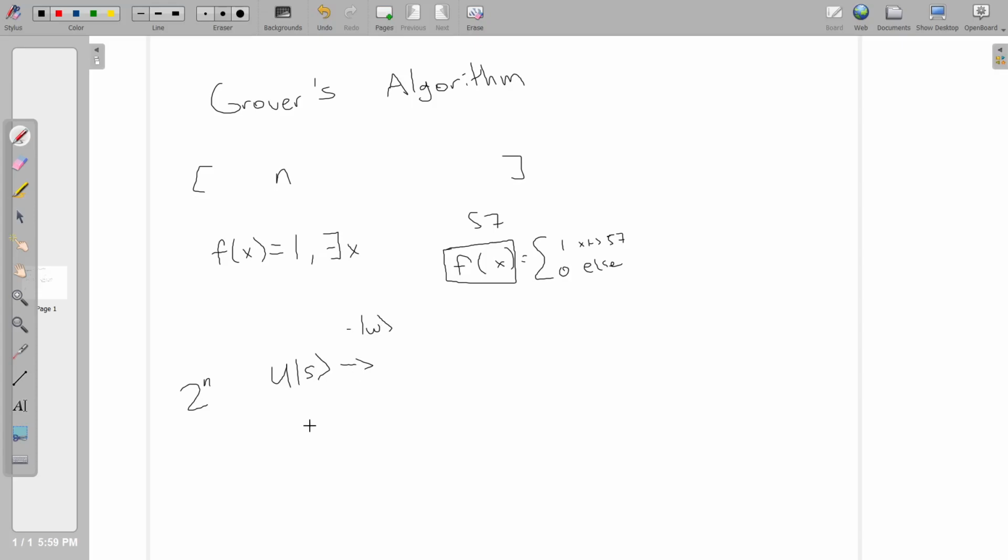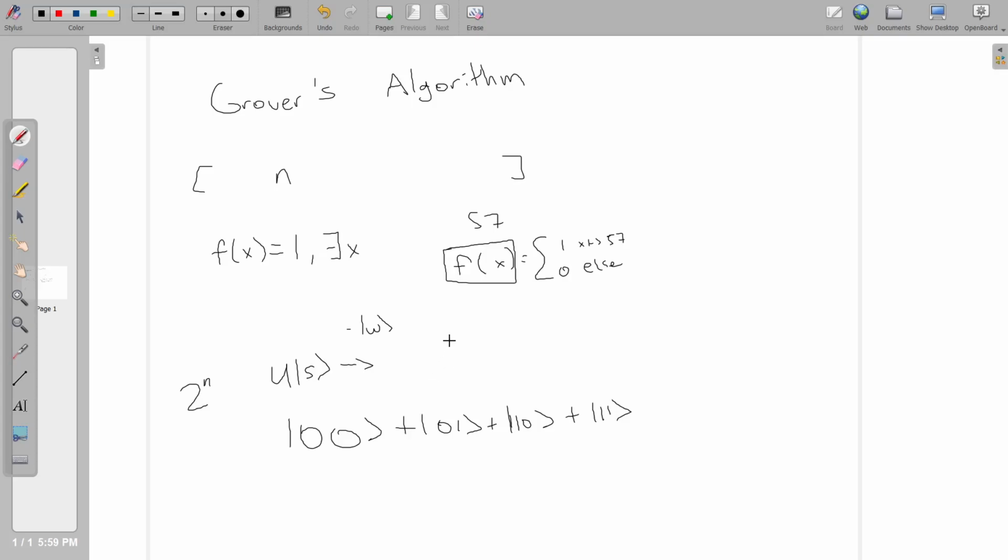So if you have this equal superposition here of, let's assume for simplicity, 2 qubits, you have 00, 01, 10, and 11. And then you do this oracle-based operation on it.